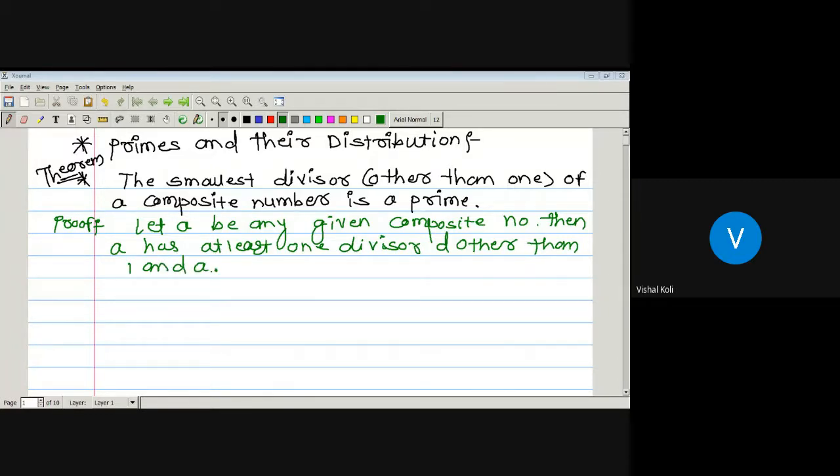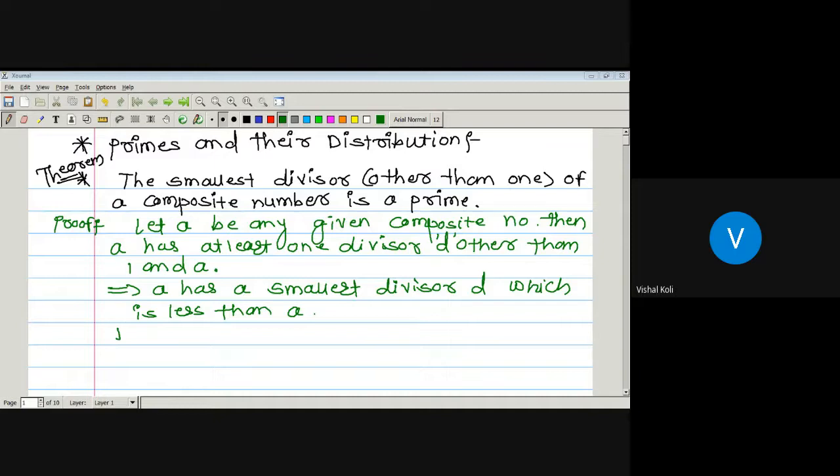Which implies a has a smallest divisor d, which is less than a. Since d is a divisor other than 1 and a, d must be less than a. Now there are two possibilities for d: either d is a composite number or it is a prime number.